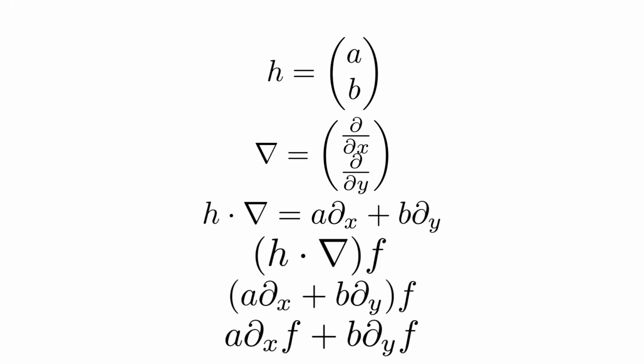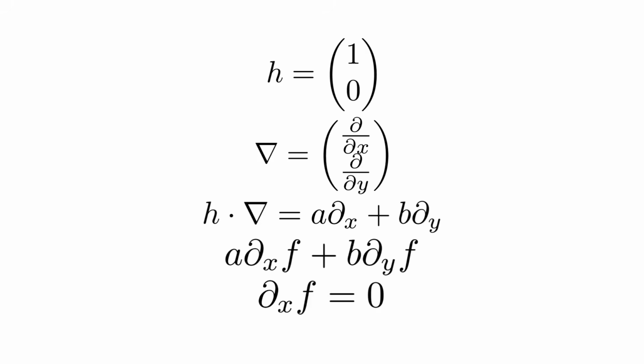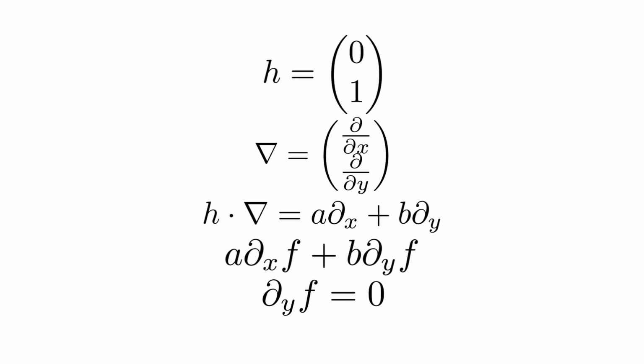This is the value of the slope of f in the direction h. To find the critical points, we just solve for when the slope is 0 in all directions. We can do this by setting a to 1 and b to 0, and solving for 0, and then the same with a equals 0 and b equals 1, giving our critical values of x and y.